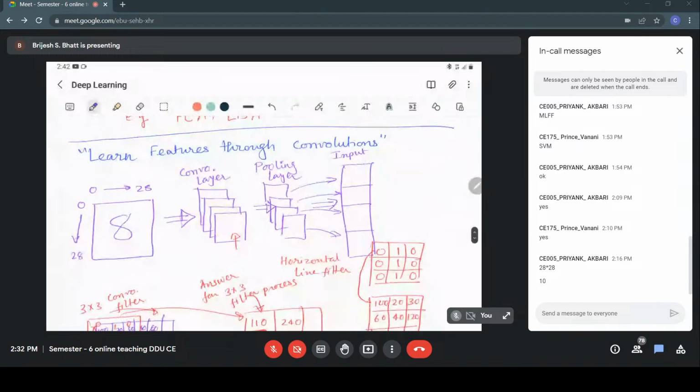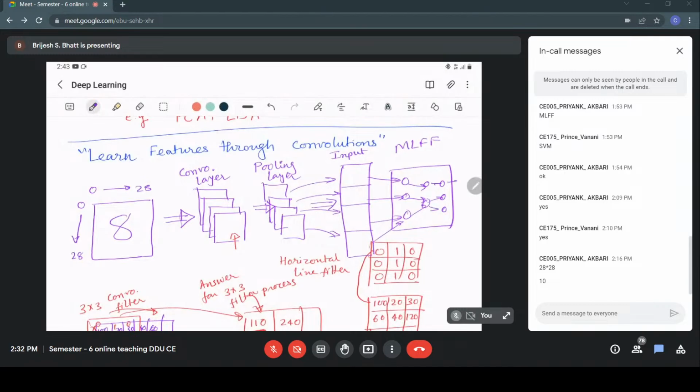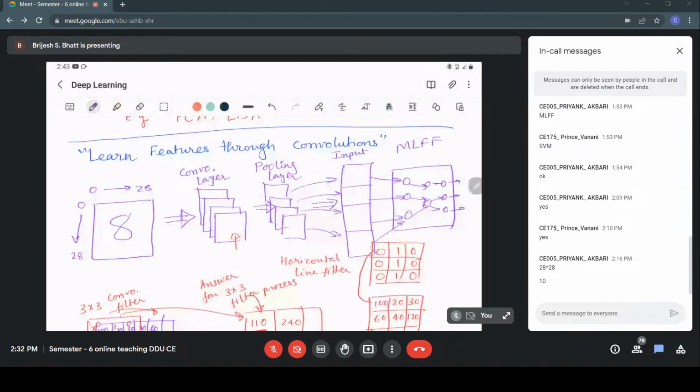And then after this, apply your traditional MLFFN on this data point and train the system.